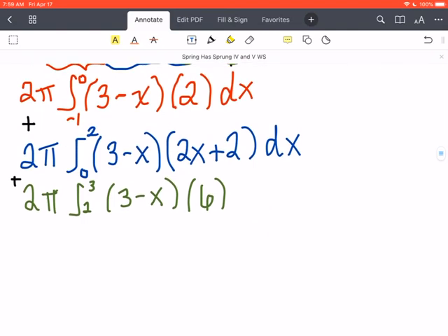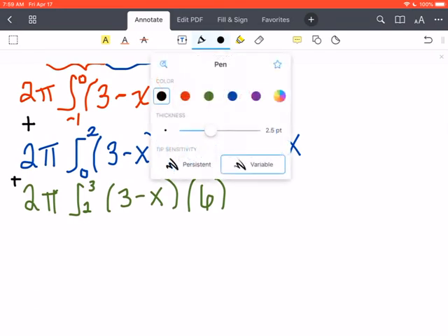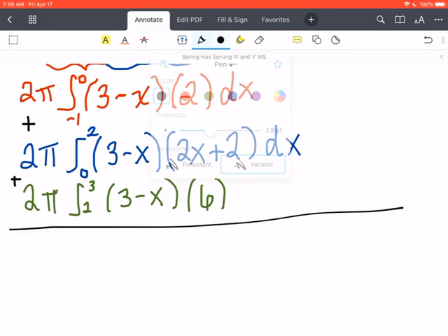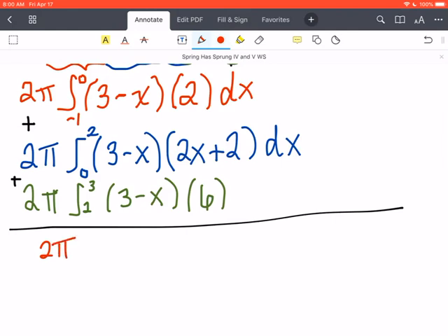So now it's just a matter of correctly plugging these into the calculator or correctly working them by hand. So what I'm going to do is simplify a little bit. I'm going to rewrite each integral. So we have 2 pi times the integral from -1 to 0 of 6 minus 2x dx.